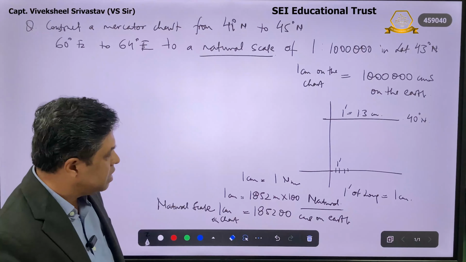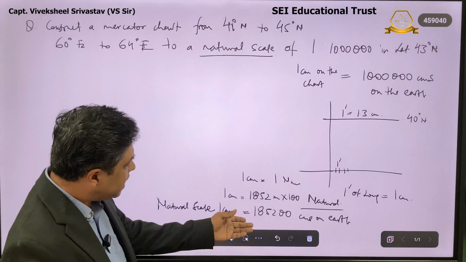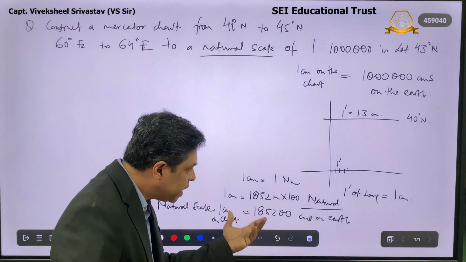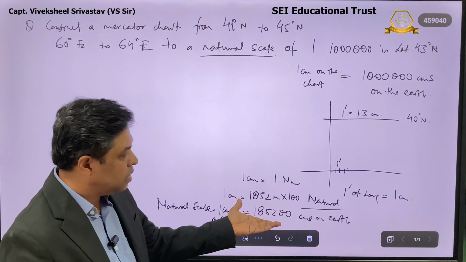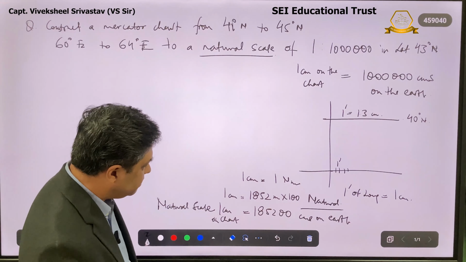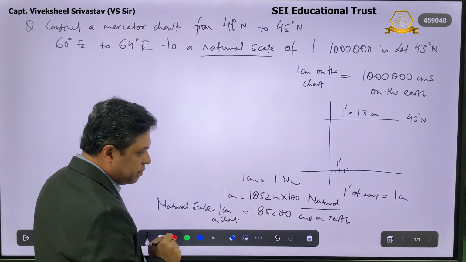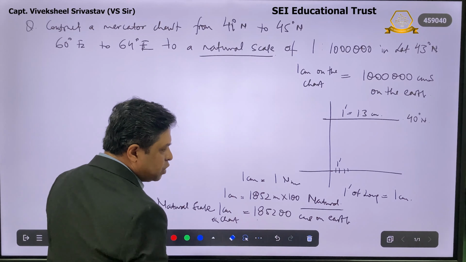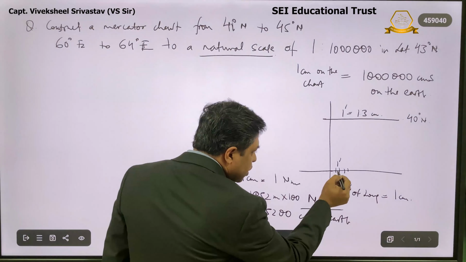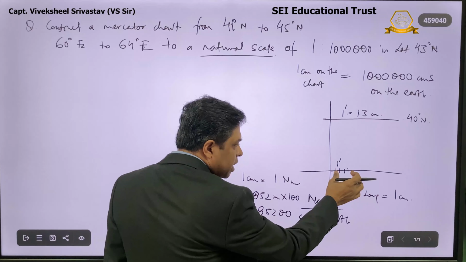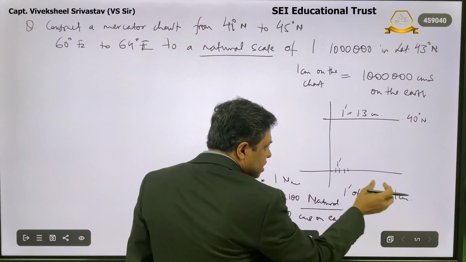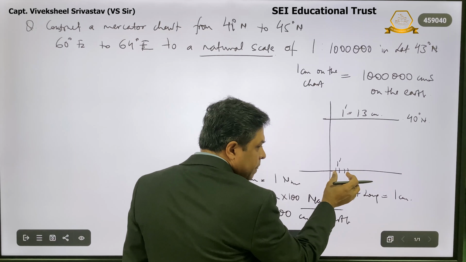All right. So now if the natural scale is given to you, you can derive your longitudinal scale from that. All right. But you have to understand one thing. This natural scale is at the equator. If I have assumed 1 minute of longitude here as 1 centimeter, this is valid over here.